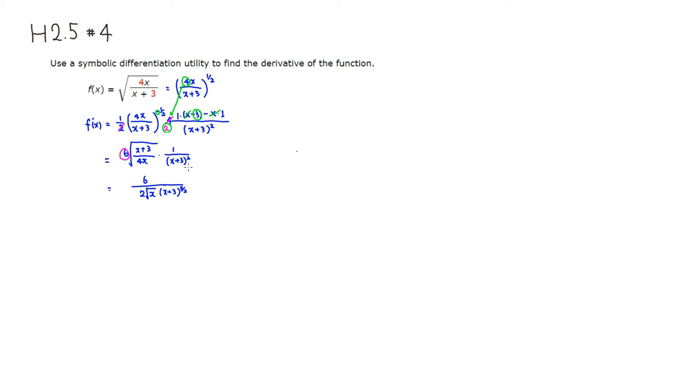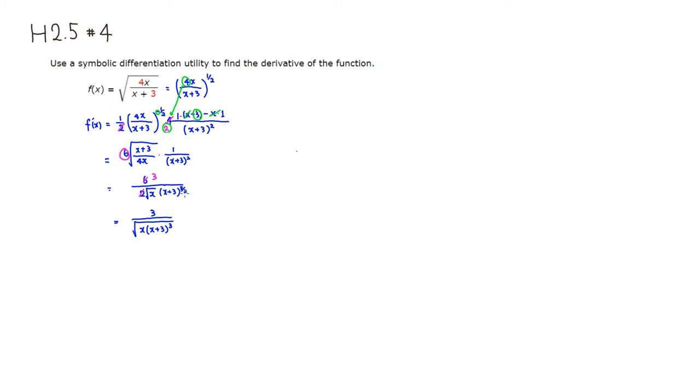So if you want, we can even write it this way. 6 and 2 cancel out, so that's going to be 3. And there's a square root involved, so I can write it as 3 over, then I can put everything under the square root: x times x plus 3 cubed.